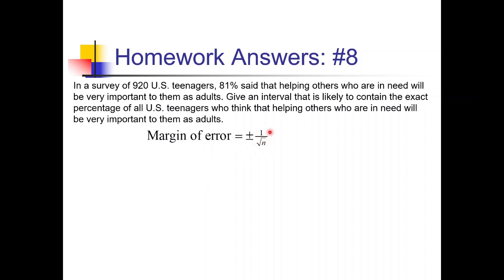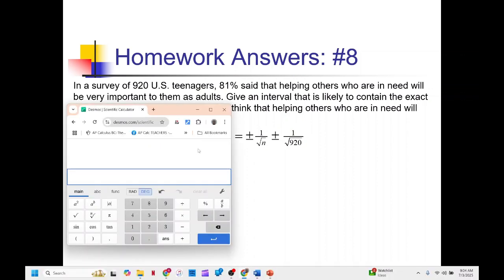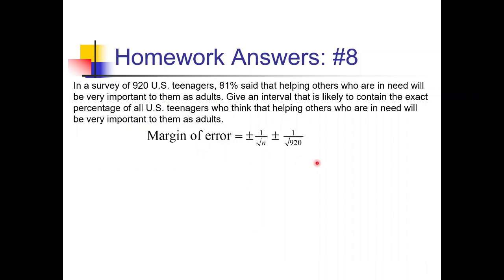So we have plus or minus 1 over the square root of 920. Let's go to Desmos and get a percent, and we'll round that to the nearest tenth. So we've got 1 divided by the square root of 920. So that's 0.033 if we round it off. So 3.3% plus or minus.